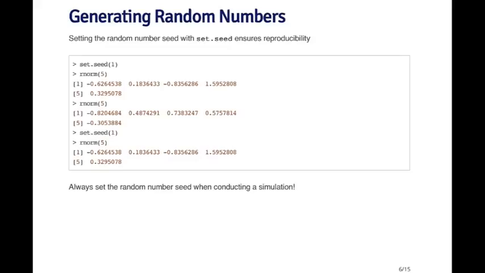But in many applications, you do want to, so that people can reproduce what you've done. And in particular, if there are some errors or problems in what you've done, you want to be able to go back to the exact situation that produced those problems. So whenever you do a simulation, you always want to set the random number seed so that you can go back and get the same results.